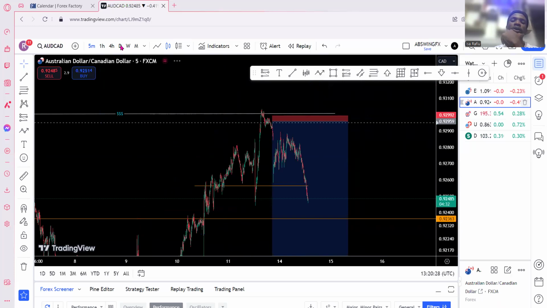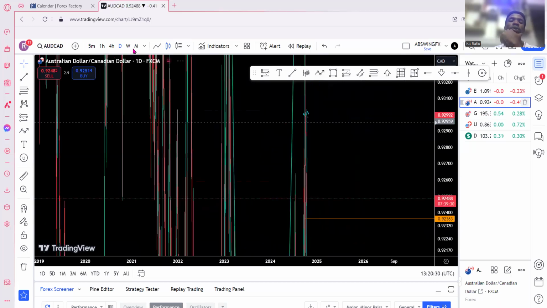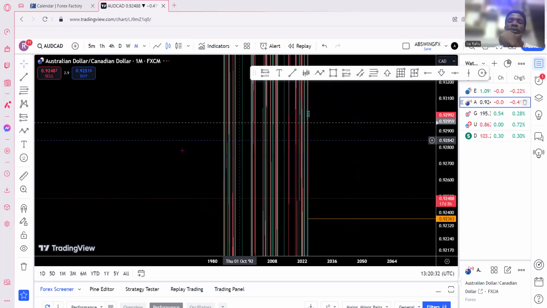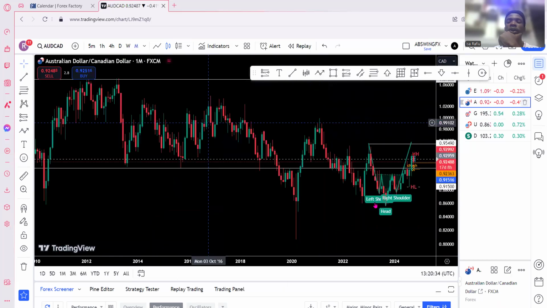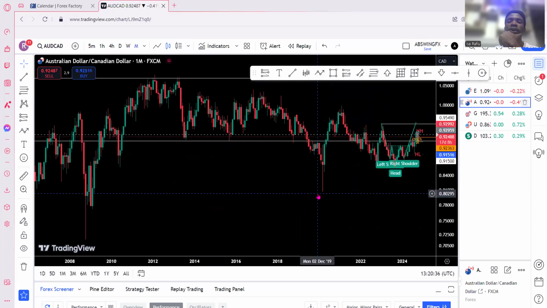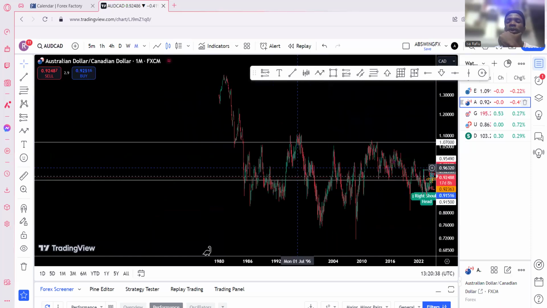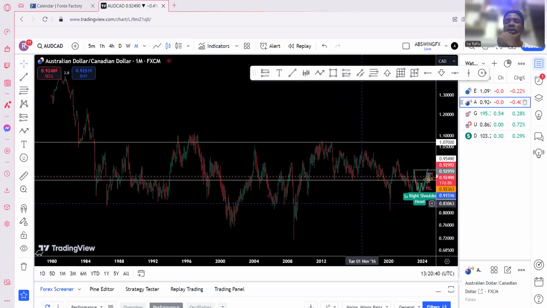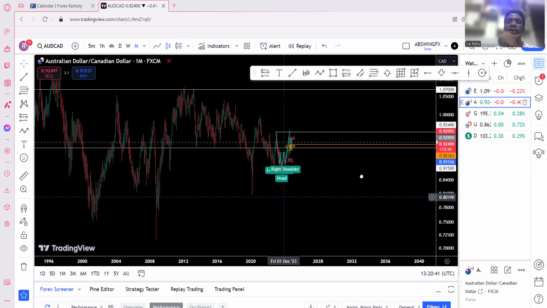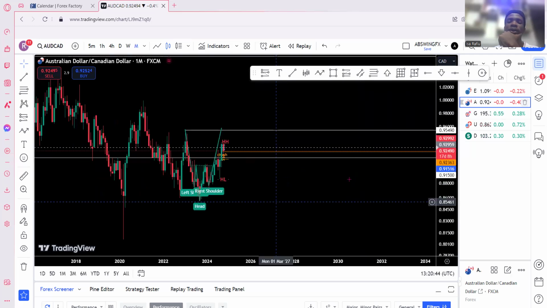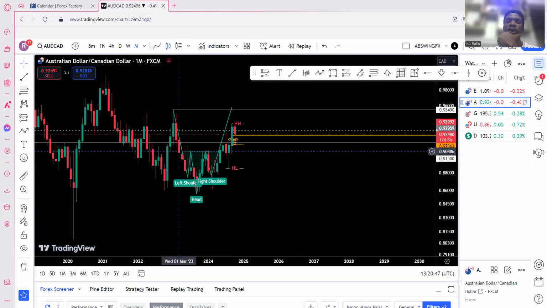So on a daily and a monthly, what do we have? The card on a monthly. You can see there is a region where there is a lot of key zone, and we also have an inverted head and shoulders right away from here.